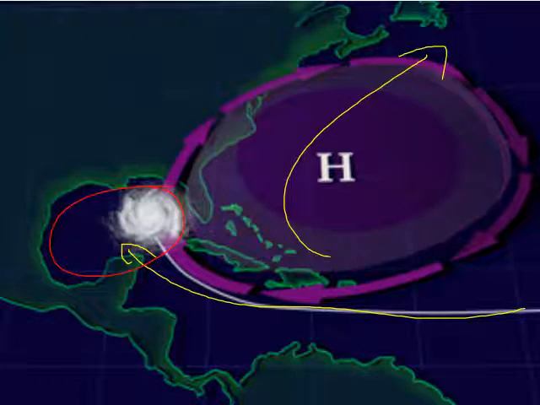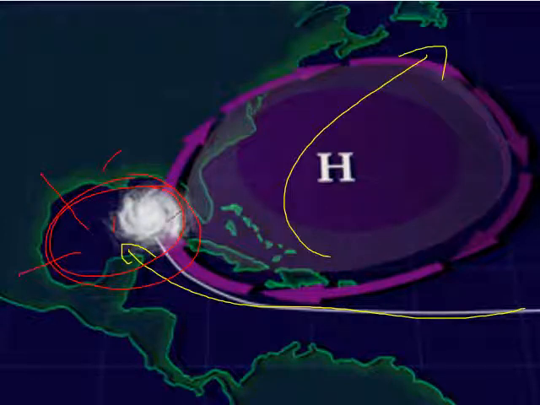Plus, once a hurricane gets in the Gulf of Mexico, it's going to hit land. The hurricanes that manage to go up this way just kind of go harmlessly out to sea and never hit land. But a hurricane that gets into the Gulf of Mexico has got no place to go. It's going to hit either Mexico, Texas, Louisiana, or Florida. It is going to hit somebody.